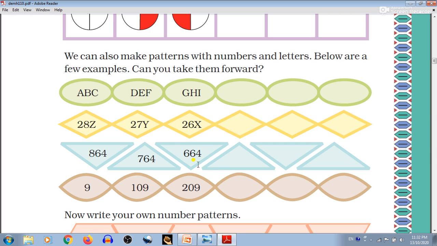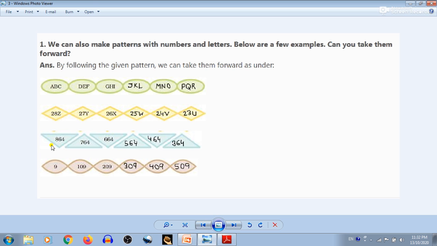So what will come here? Yes, 5, then 4, then 3, but the last two digits are the same, they are not changing. So 64, 64, 64. Here we have the answer: 864, 764, 664, 564, 464, 364, and the last one.